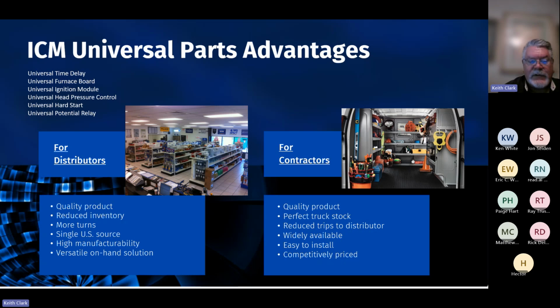And single U.S. source. We're in Syracuse, New York, have been since 1984, and just manufacture top quality products. High manufacturability, like I say, ICM through supply chain issues really went back to work. We engineer everything in-house in Syracuse at ICM, and they put a lot of time and effort into really evaluating the products, challenging the products.